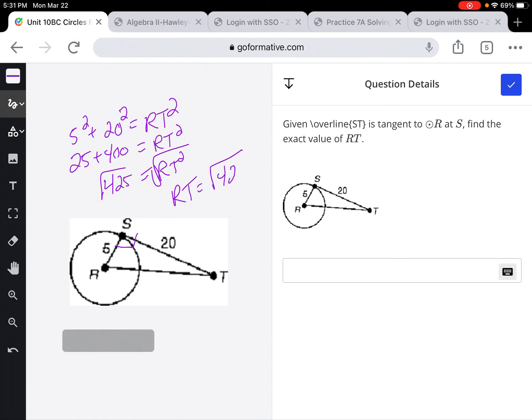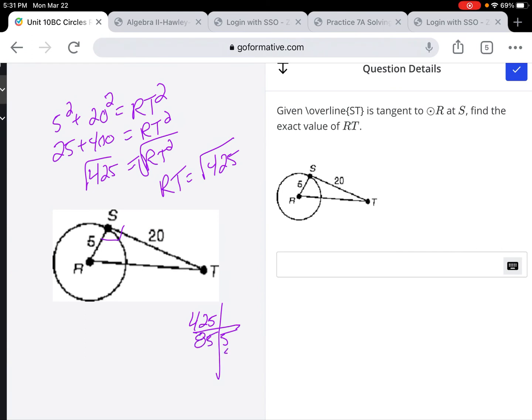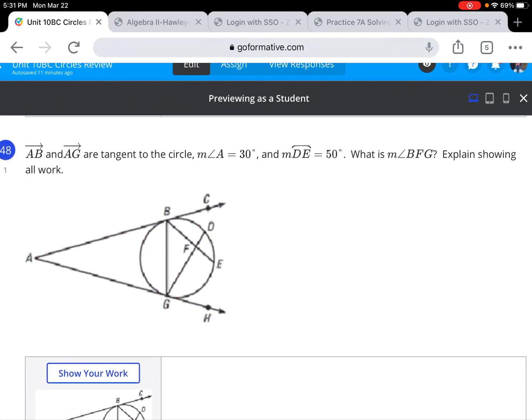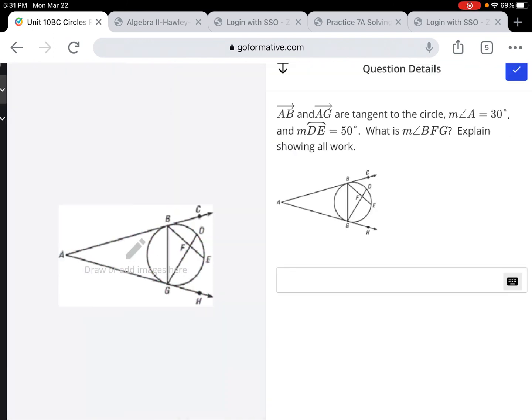RT is equal to the radical 425. 425 divided by 5 is 85. 85 divided by 5 is 17. 17 is prime, so it's going to be 5 radical 17 as your answer. And it says exact value, that's how you know.